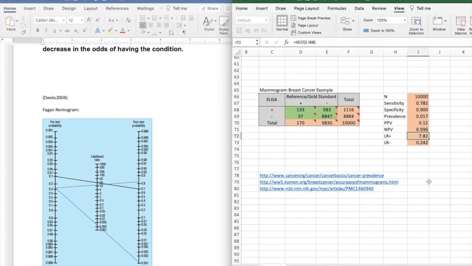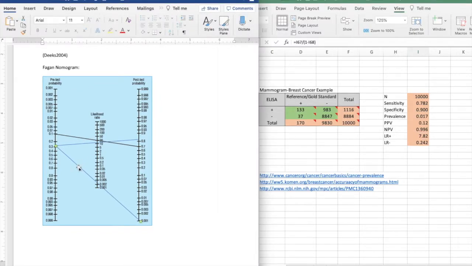And now check out these likelihood ratios. Positive likelihood ratio of 7.82. So let's do this here. Let's take this prevalence data, 0.017, somewhere here, and then a positive likelihood ratio of 7.82, somewhere right there, right?